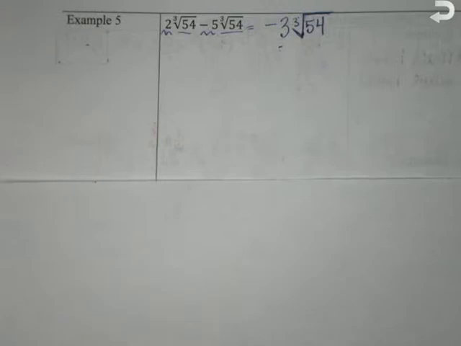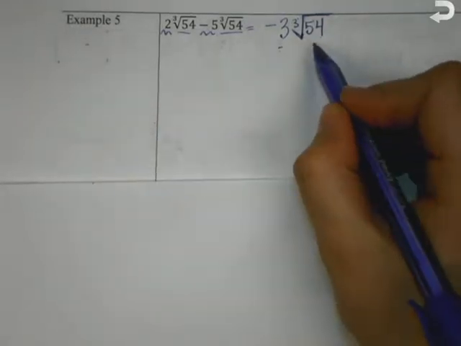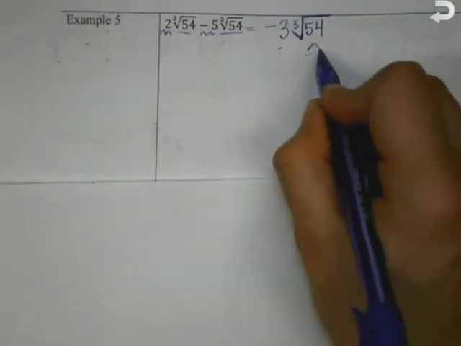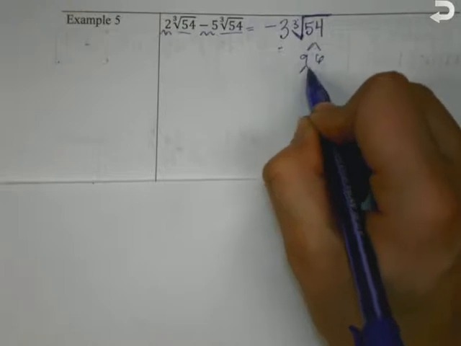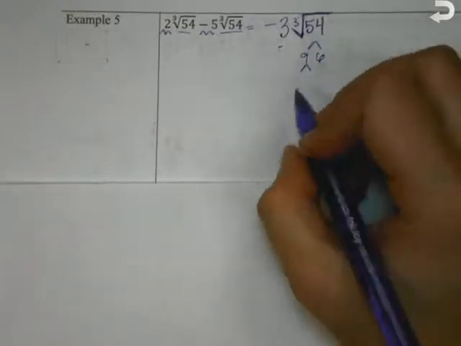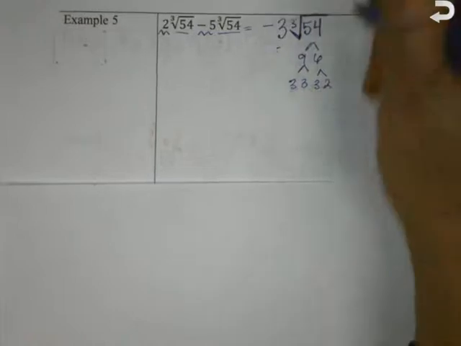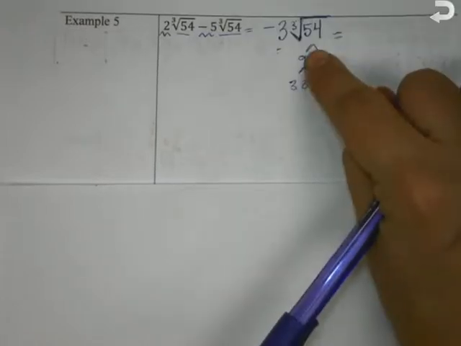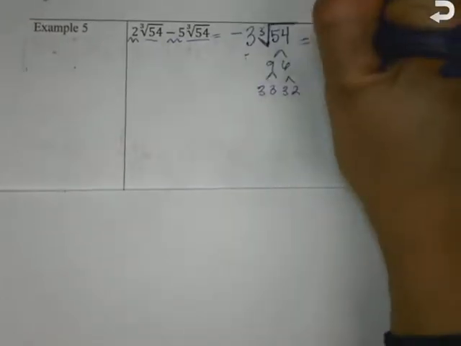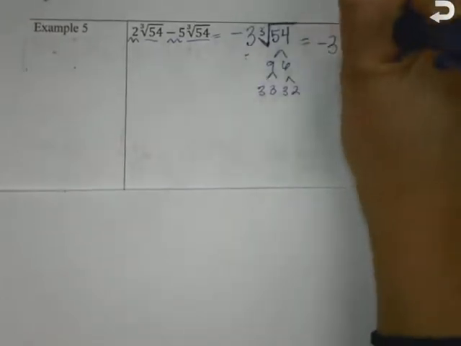9 and 6. Yeah, that's 9 and 6, and 9 breaks down to 3 and 3, and 6 is 3 and 2. So let's rewrite this whole thing first. This is negative 3 times the cube root. Now, how do we want to write this?